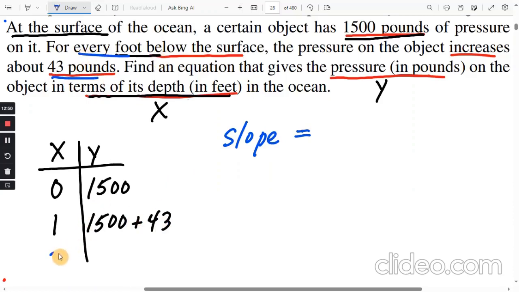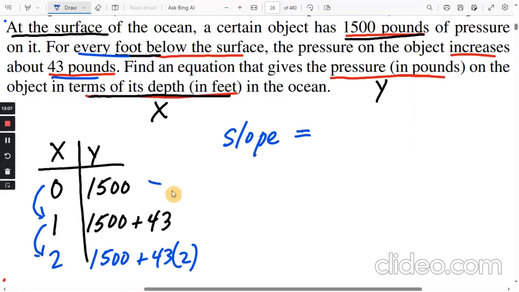If this was 2 feet, this would be 1,500 plus 43 times 2, and it just keeps going up by 43 each time. So every time x goes up by 1, the pressure goes up by 43. The change in y is 43 over 1, which is just 43.